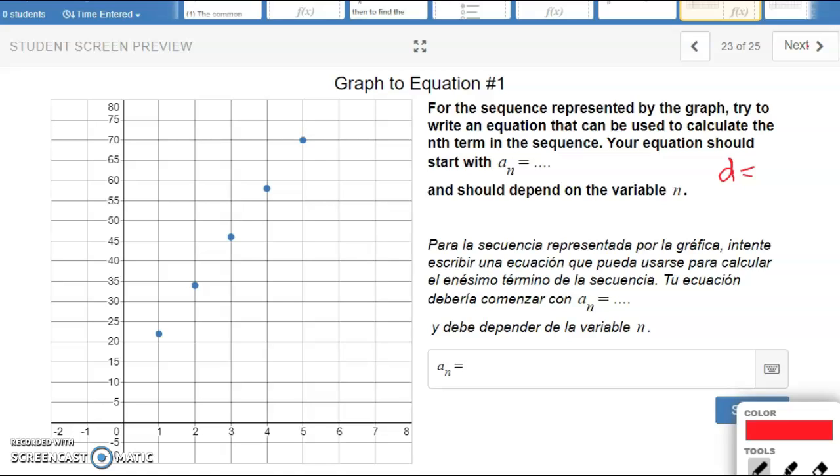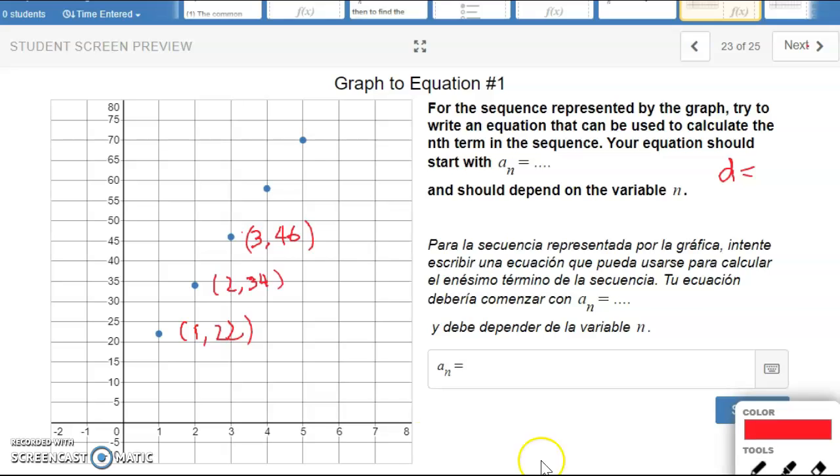The term value here is 22. So that's going to be 1 comma 22, and this is 2 comma 34 and 3 comma 46. How do I know this? When I click on the button on that, it gives you the coordinate.